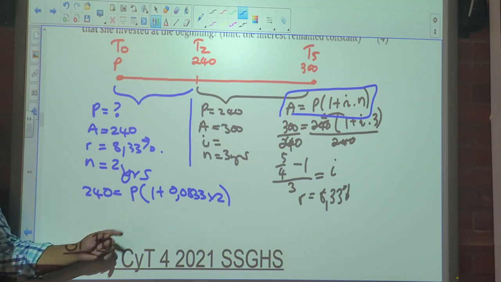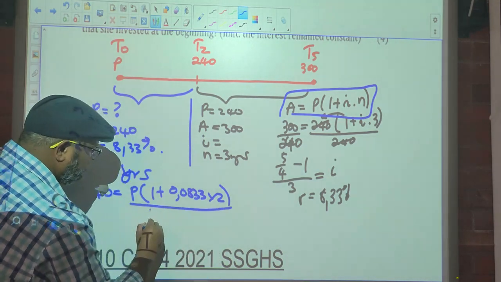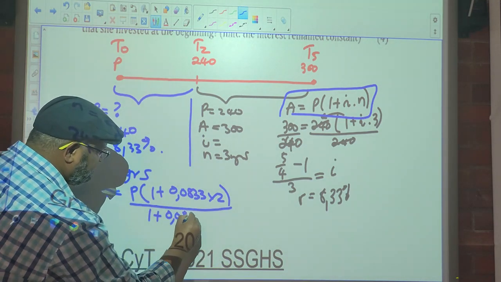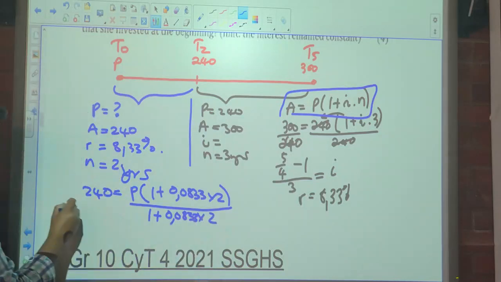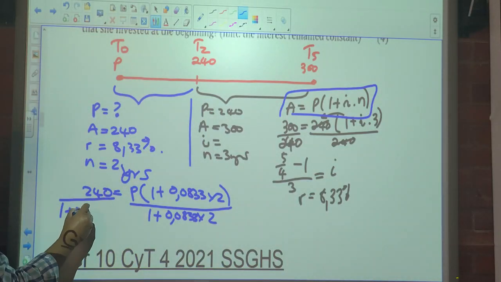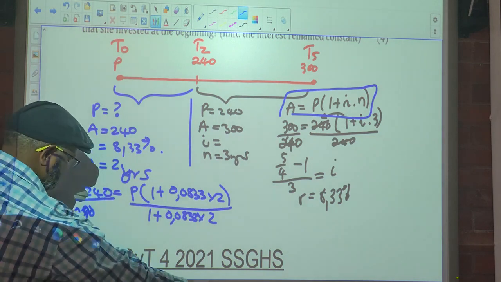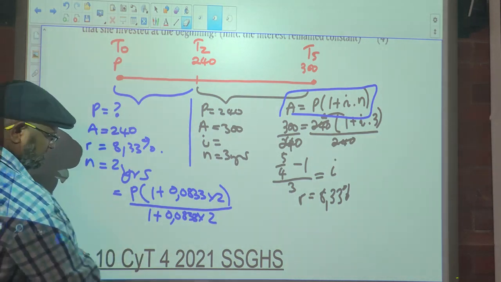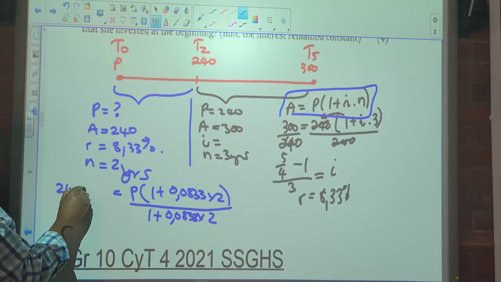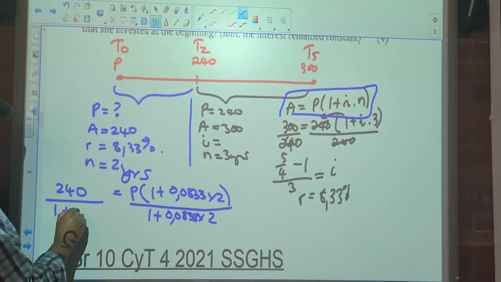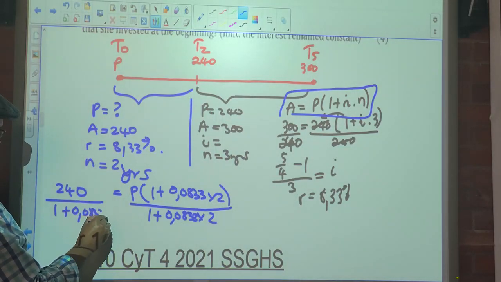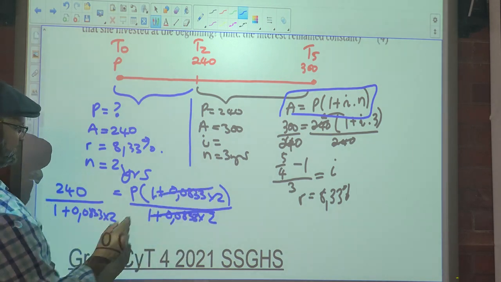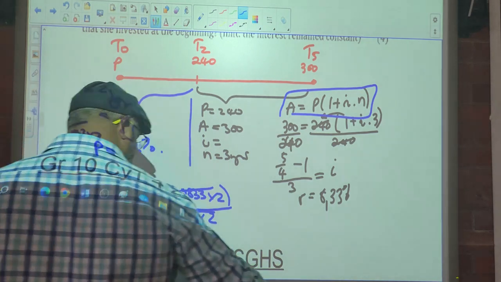To get P on its own, I'm going to divide both sides by 1 plus 0,0833 times 2. So it's going to be 240 over 1 plus 0,0833 times 2. Of course that cancels, so P is equal to.